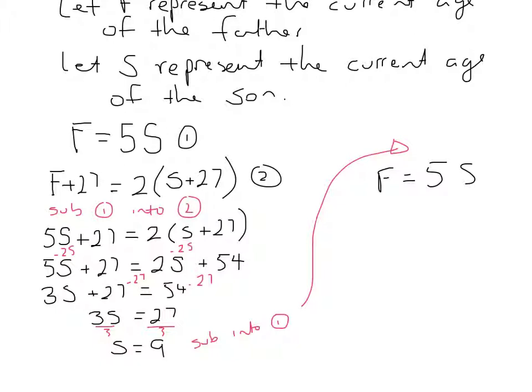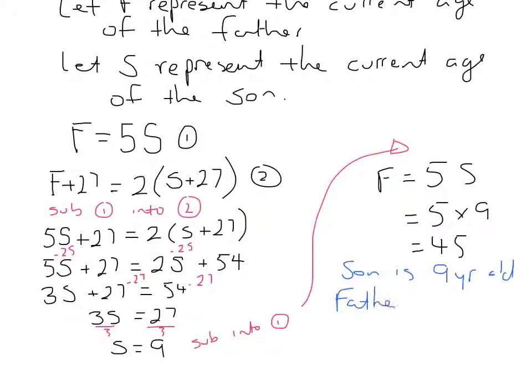We've just worked out that the son was equal to 9, so that's 5 times 9, which equals 45. So that tells us that the son is 9 years old and the father is 45 years old. That's the answer to that one.